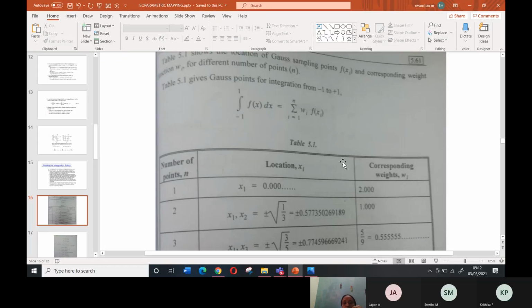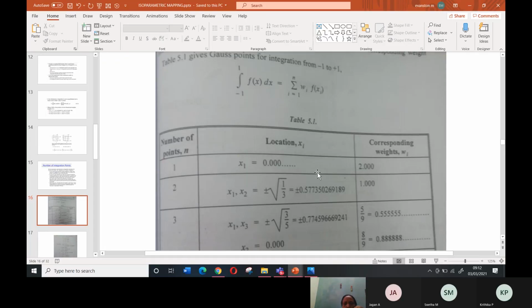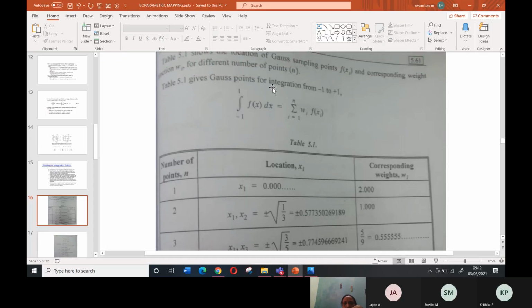Write the title as Gaussian quadrature and write this formula. Here w is the weight function, and f of x is the function. I will explain a problem also.